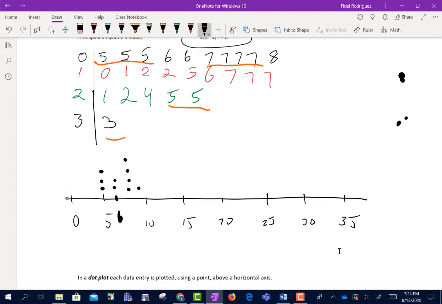There's 1 at 10 and 1 at 11. There are 2 at 12, 1 at 15, 1 at 16, and 3 at 17. There's 1 at 21, 1 at 22, 1 at 24, 2 at 25, and then there is 1 at 33. That's what a dot plot looks like. It's pretty straightforward.